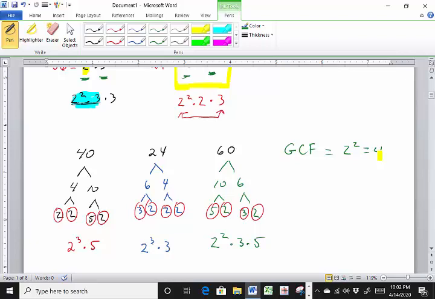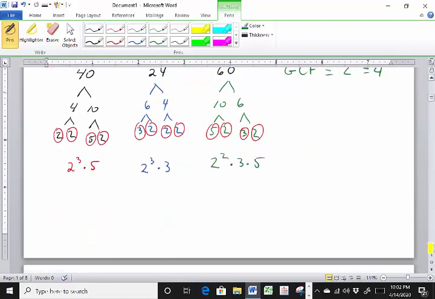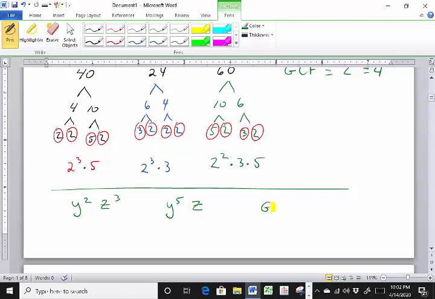All right? Now, let's apply this same concept to some variables. Let's say I have y squared z cubed and y to the 5th z. Well, there are no coefficients here yet. I'm going to put some on here in a little bit for an example.